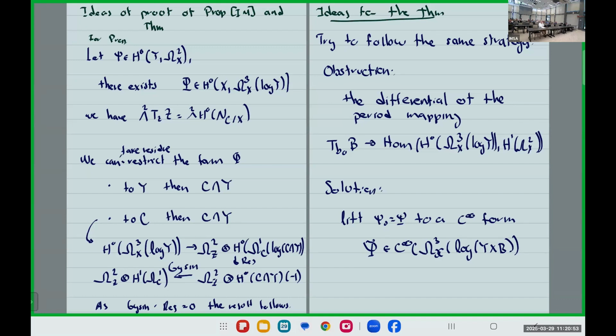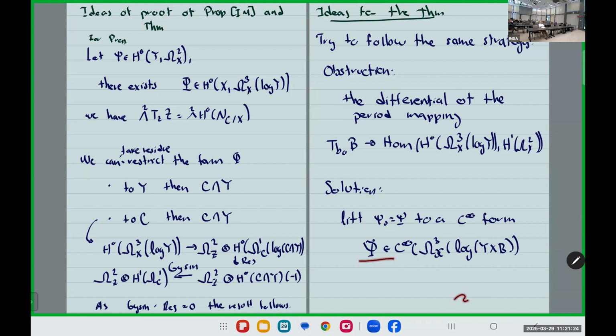So if we have this, we could apply a similar argument to this, but actually we will have an obstruction. An obstruction to lift this two form is going to be on the differential of the mixed period map. But the solution is that you can actually lift this form to a C infinity form.